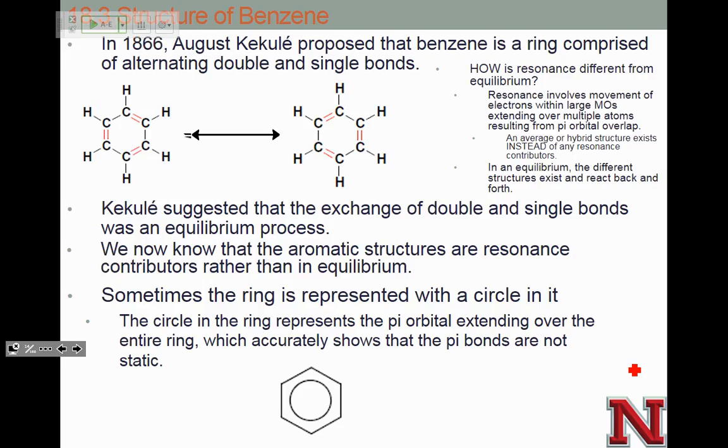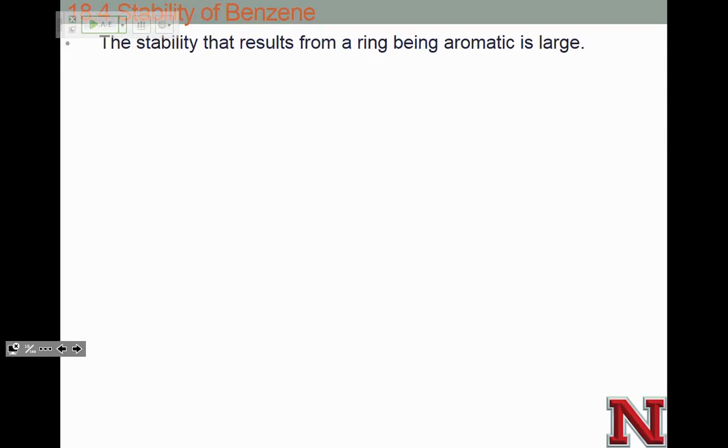Because sometimes alternating double bonds kind of throw us off when we're doing a symmetry assessment, because we might say, oh, this doesn't have a mirror plane because these 2 carbons have a double bond and these don't. But if we look at it with the circle, because the pi bonds are always shared between all 6, this actually does have a mirror plane. So sometimes we'll draw it that way so we can understand symmetry a bit better, which is important in the lab setting when we're talking about NMR and IR.